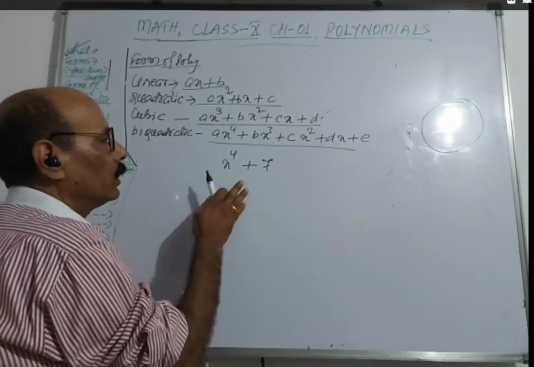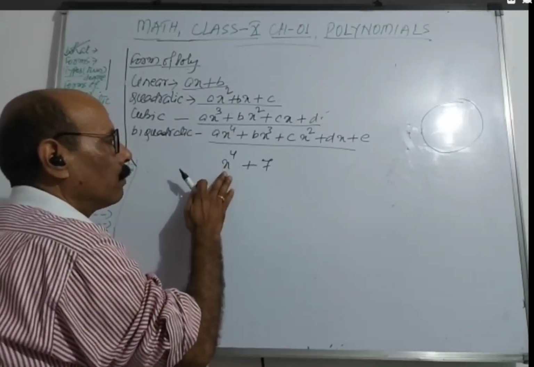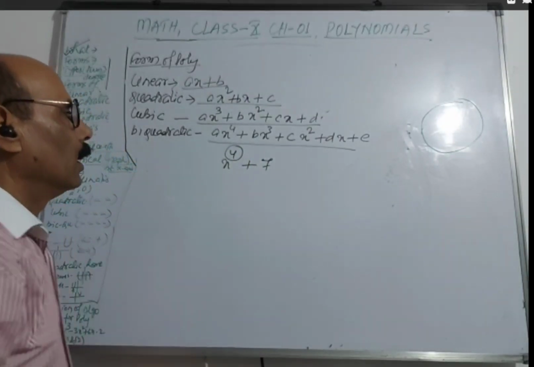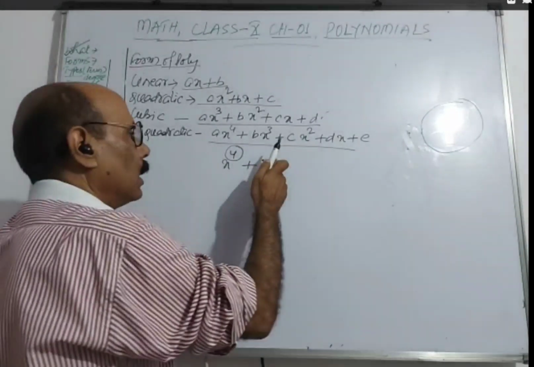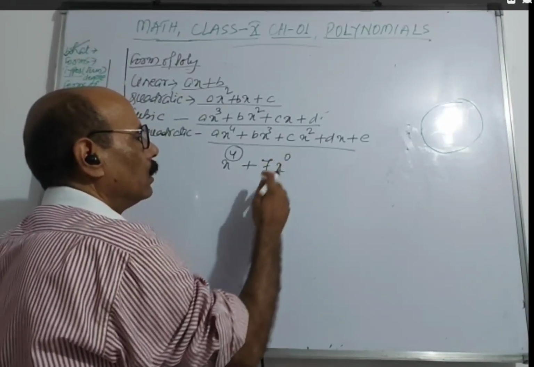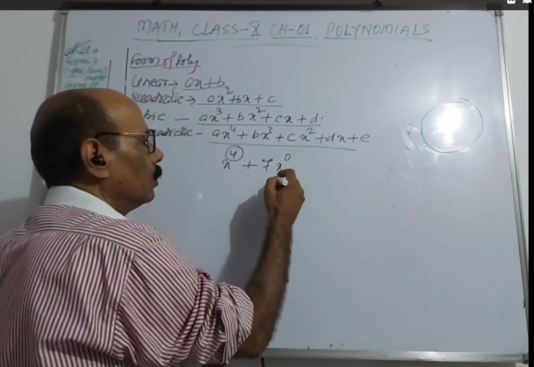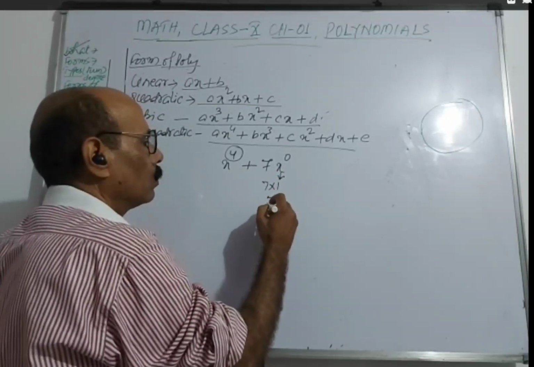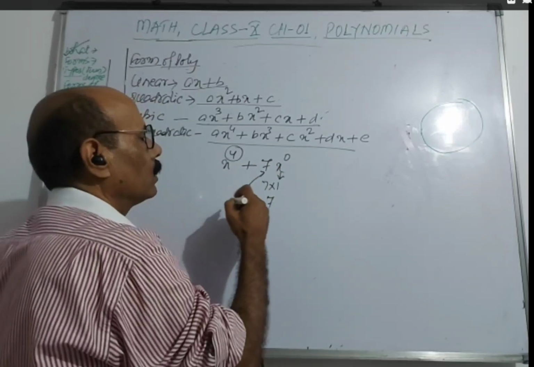Do you know the definition? The maximum power of the variable is 4. That's why it is biquadratic. And here the last term is 7. So certainly x is to the power 0 here, so 7 into 1 is equal to 7. That's why it is denoted as 7.